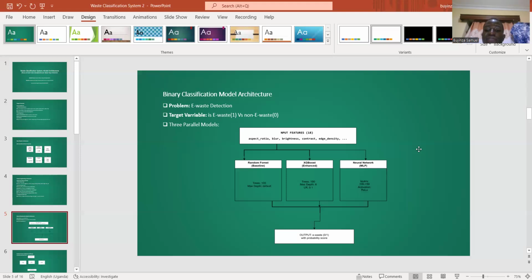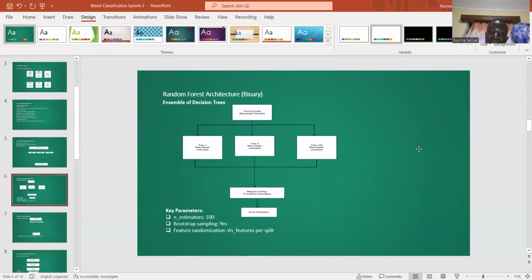For the neural network, we have 100, then leading down to around 50, with the activation as seen. After modeling these features, our output is always e-waste with a probability score.